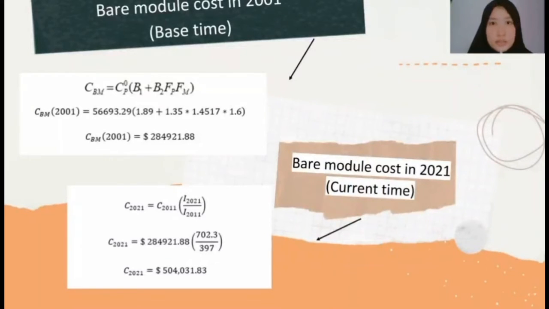We get 56693.29 multiplied by 1.89 plus 1.35 multiplied by 1.4517 multiplied by 1.6. I get the value for bare module cost in the base time, which is 2001, is $284,921.88.